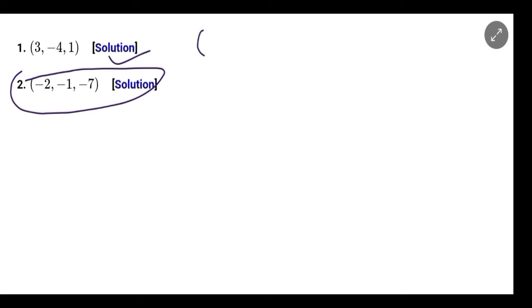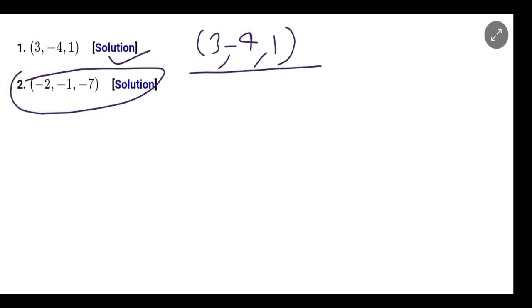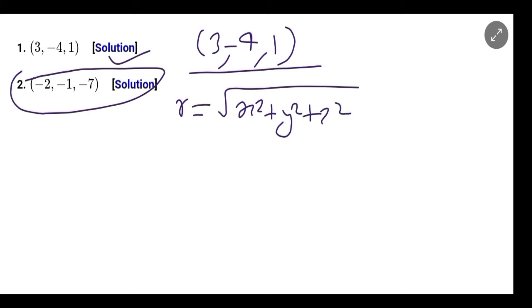Now the given coordinate is 3, minus 4 and 1. This coordinate is given in Cartesian, and we have to convert it into spherical. First we find the value of r, which is equal to under root x square plus y square plus z square.